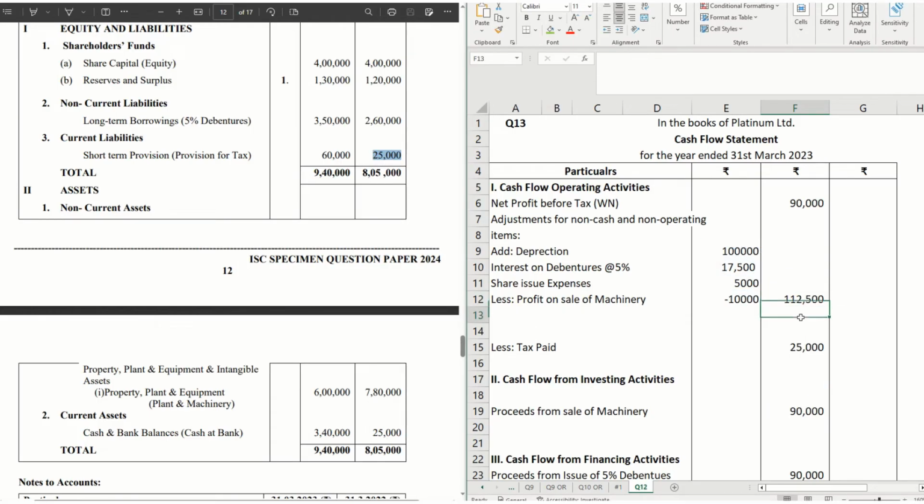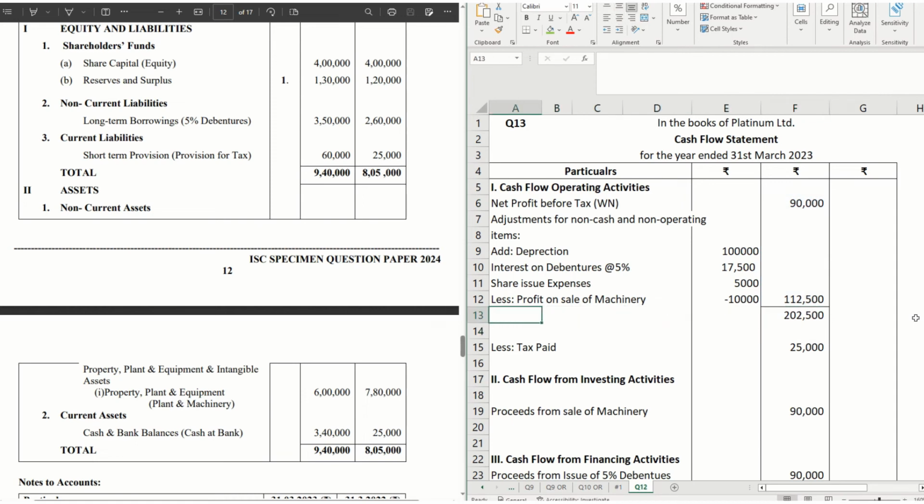If we add these two, we don't have any adjustments for current assets and current liabilities. Under current liabilities, we have just one item, which is provision for tax, and under current assets, only cash we have, so we don't have that adjustment. So straight away, it's a calculation. Let's do the addition here. 2,02,500.